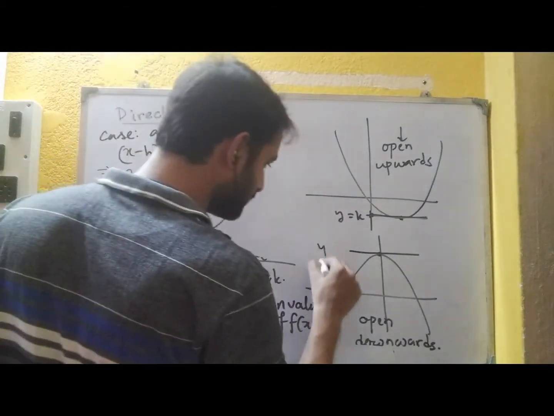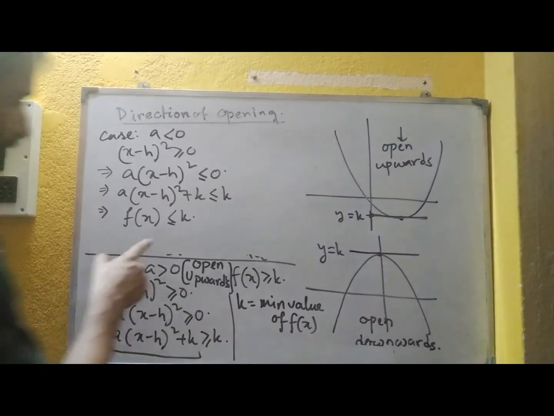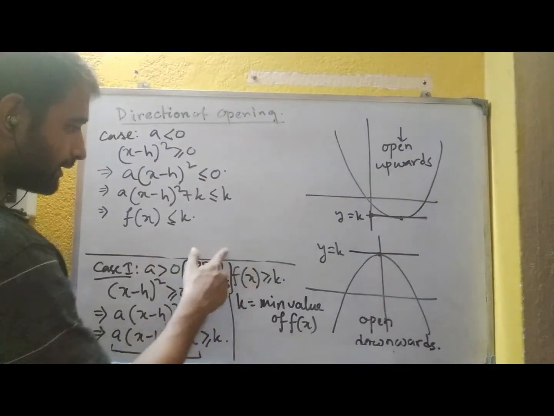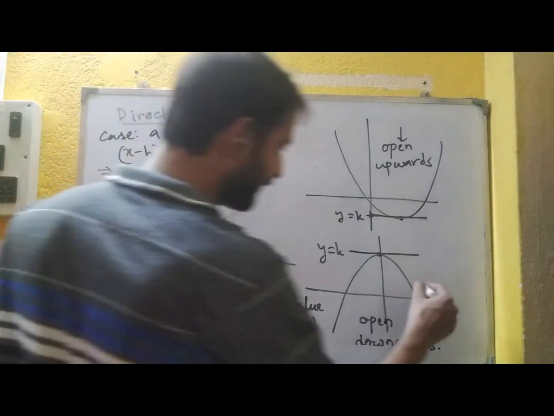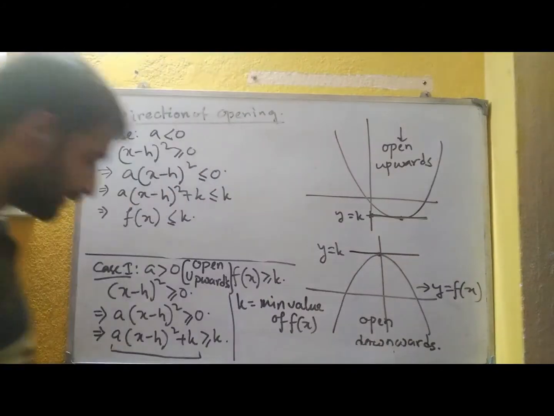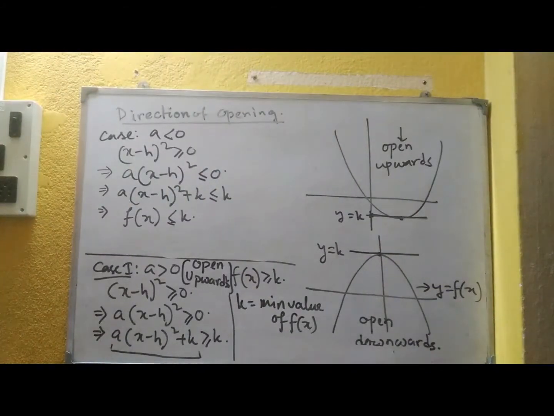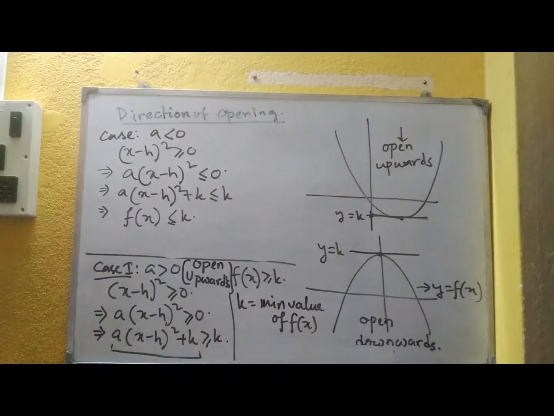So suppose we are taking this line to be y equals k. Then see, f(x) less or equal to k is satisfied in this graph. The graph of f(x), this is y equals f(x), is always lying below the line y equals k. That means f(x) is always less or equal to k.